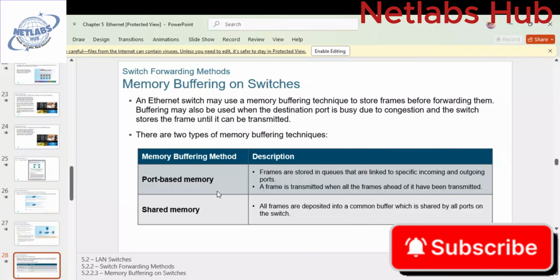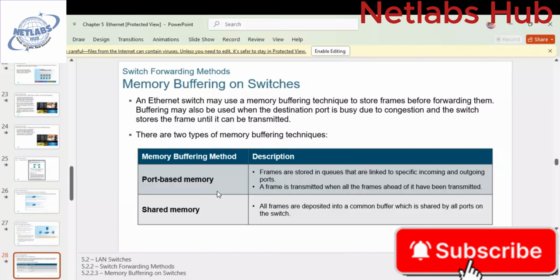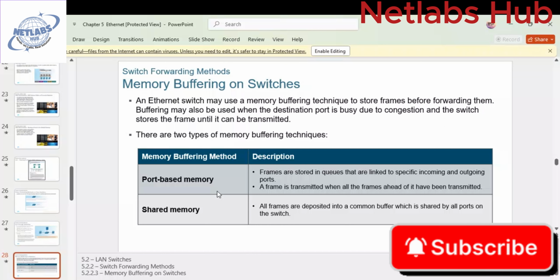Buffering may also be used when the destination port is busy due to congestion, and the switch stores the frame until it can be transmitted. So we've got port-based memory, whereby frames are stored in queues that are linked to specific incoming and outgoing ports. And we've got shared memory, whereby all frames are deposited into a common buffer, which is shared by all ports.